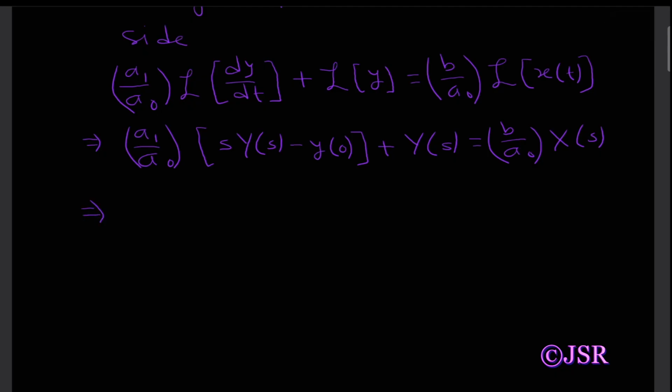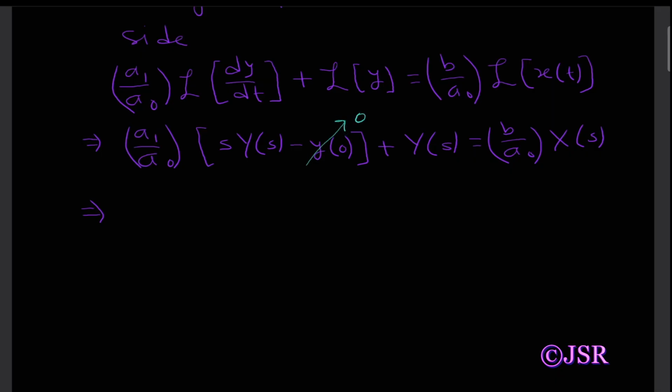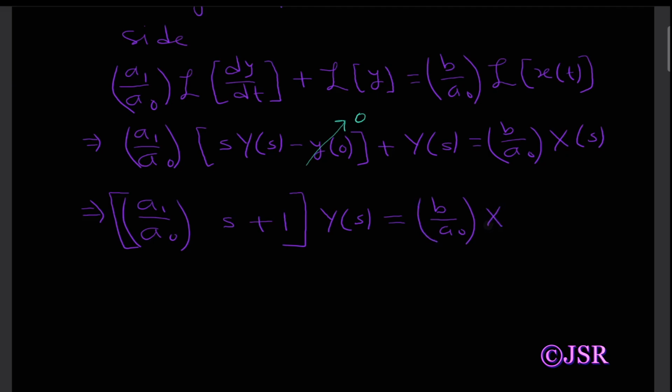So here let's assume that y at 0 equal to small y at 0 equal to 0. So we will have a1 upon a naught s plus 1 y of s equal to b upon a naught x of s.